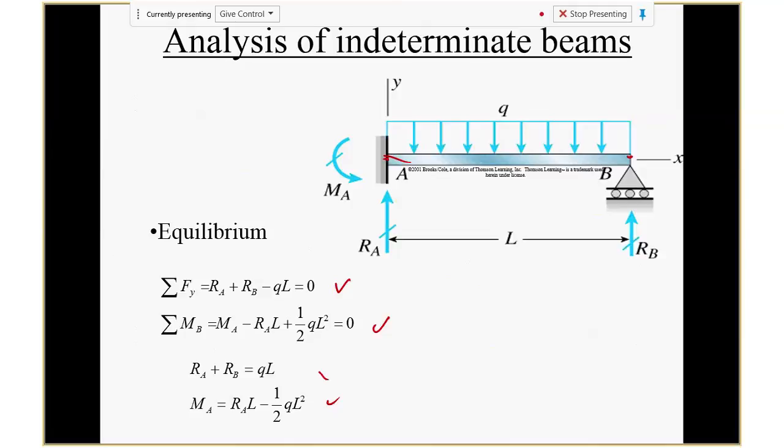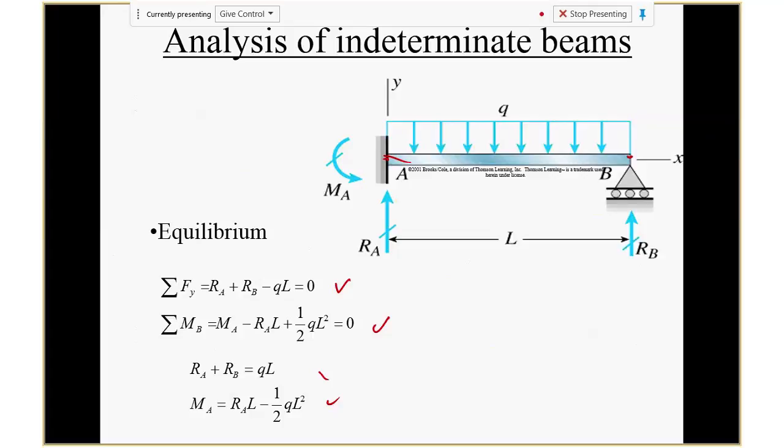I can make this reduced structure become compatible to your old structure, the indeterminate structure, by making the deformation at this boundary the same as the other one, right? So the compatibility here is basically a boundary condition. You have some additional boundary requirement that makes this reduced beam back into the indeterminate beam, right?